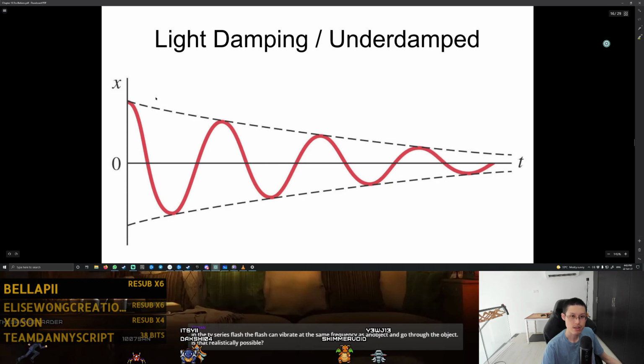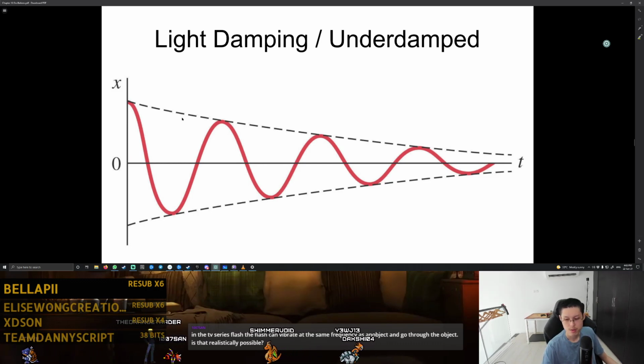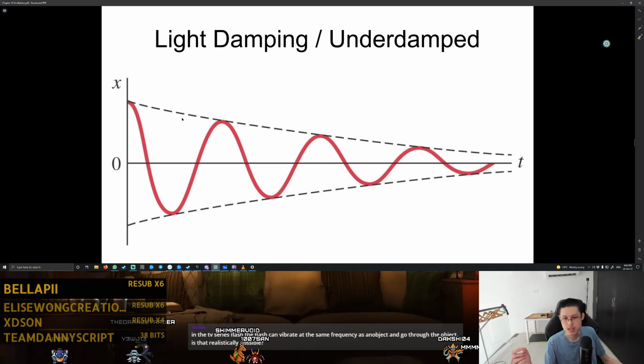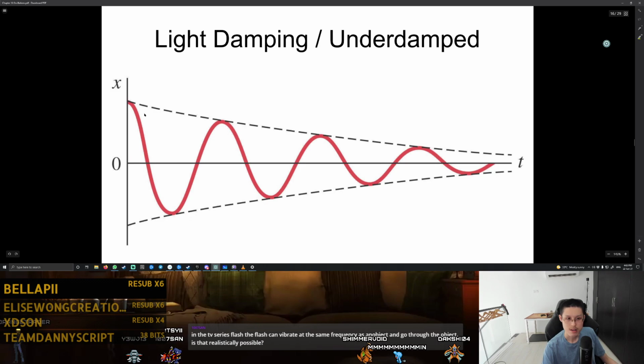So technically, since it's decreasing exponentially, it would never reach zero. Even when something that was previously vibrating has stopped, it hasn't actually completely stopped. It's just vibrating in such a small magnitude that you can't discern it with the human eye. So there you go, we have light damping.